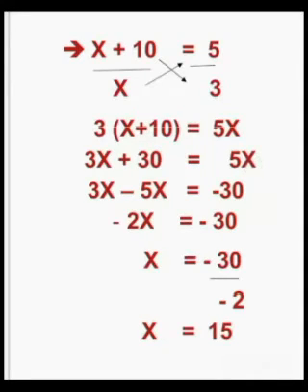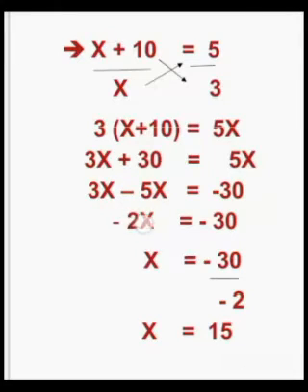Now let us simplify this one. Let us transpose 5x to the left hand side. So you will get minus 5x plus 3x already there, which is equal to, let us transpose 30 to the right hand side. Then you will get minus 30, isn't it? Now minus 5x plus 3x, what will you get?